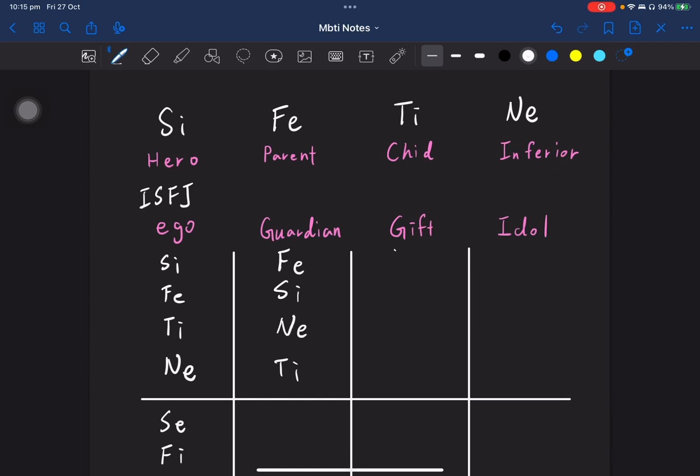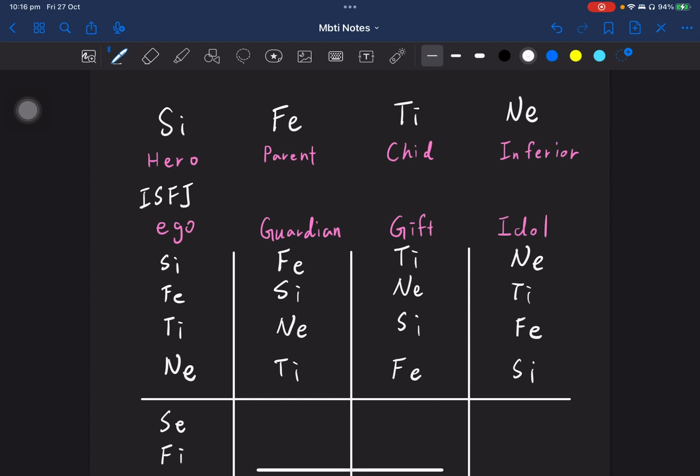And TI must come here. Okay. And TI, FE. Introverted followed by extroverted followed by introverted, followed by introverted followed by extroverted.